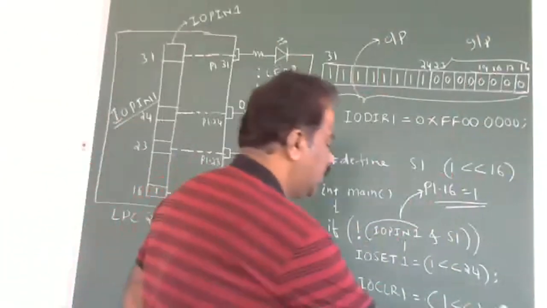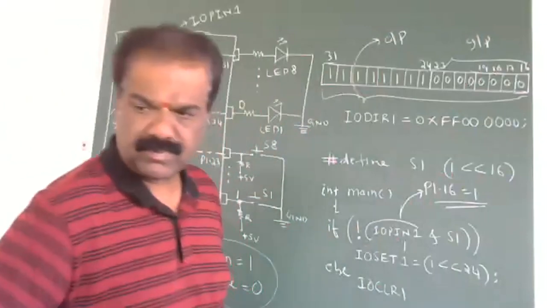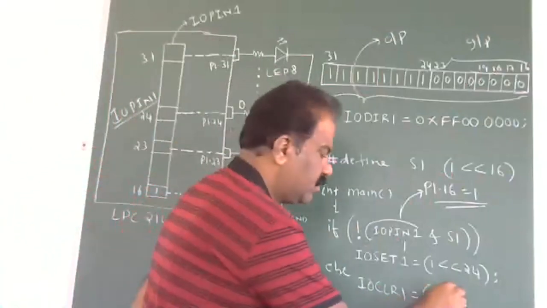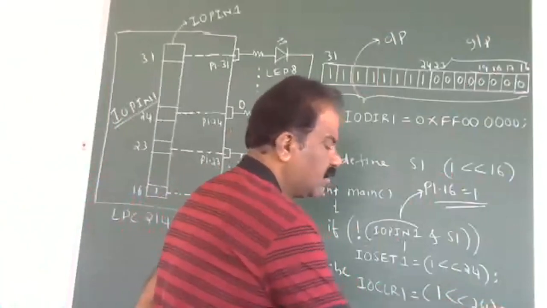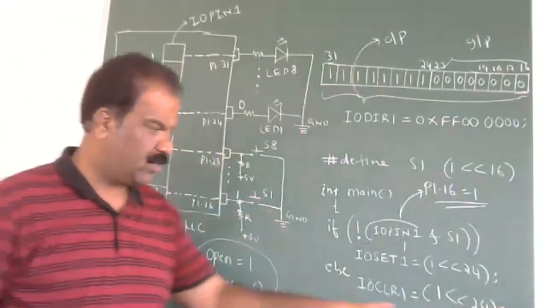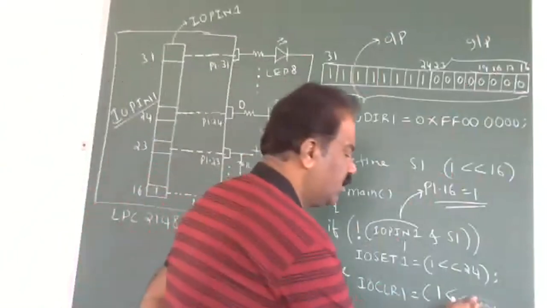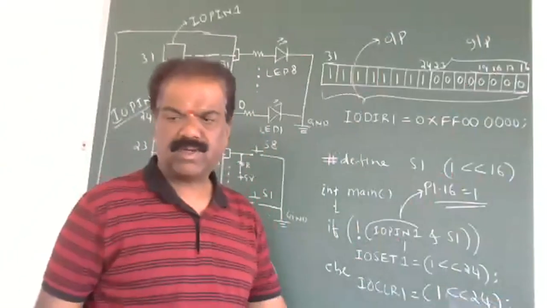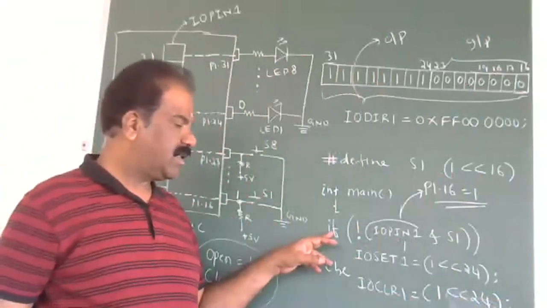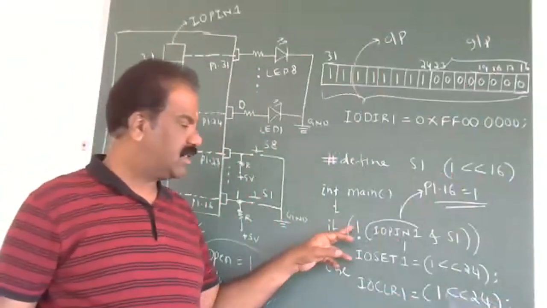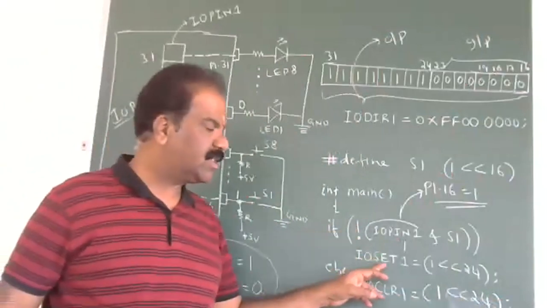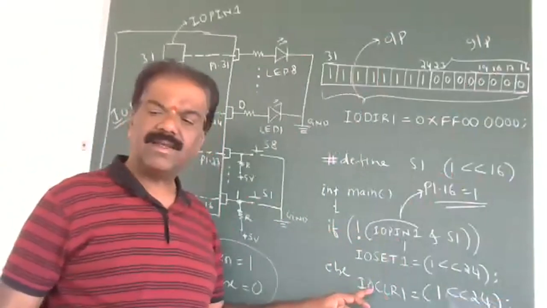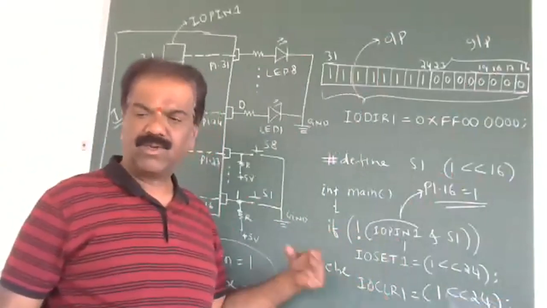You are not able to see it here, so just write this: IO clear 1 equal to 1 shifted left by 24. If the condition is true, then execute the IO set statement, which means make the LED on. If your condition is false, then make the LED off.